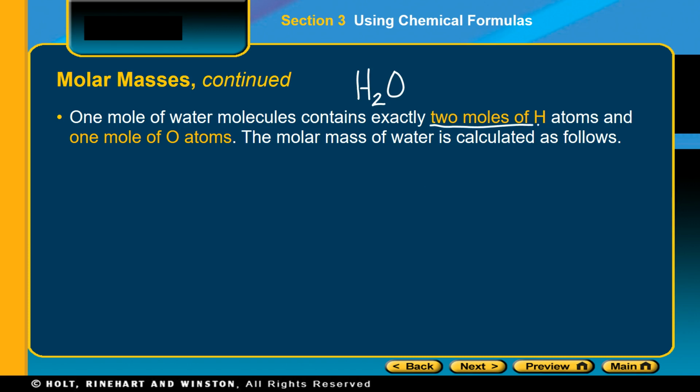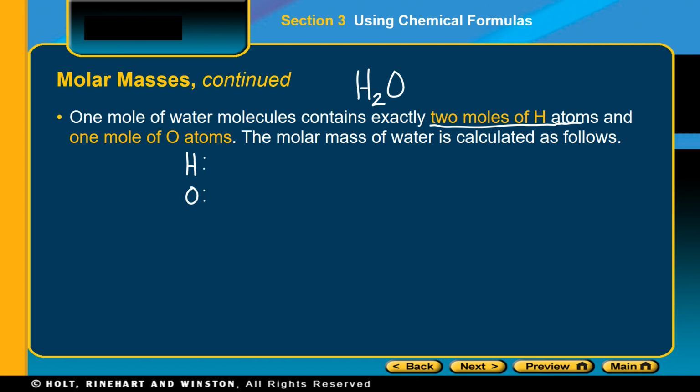So if I have 2 moles of hydrogen atoms, that's the H2. 1 mole of oxygen atoms, that's just shown as the 1. All right. So if I asked us to calculate the molar mass of water, let's go ahead and look at how we would approach this. So the 2 elements that I have involved are hydrogen and oxygen.